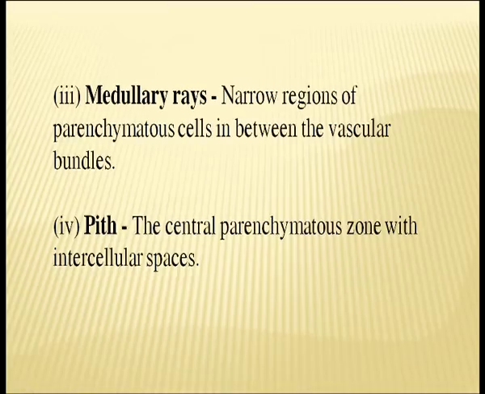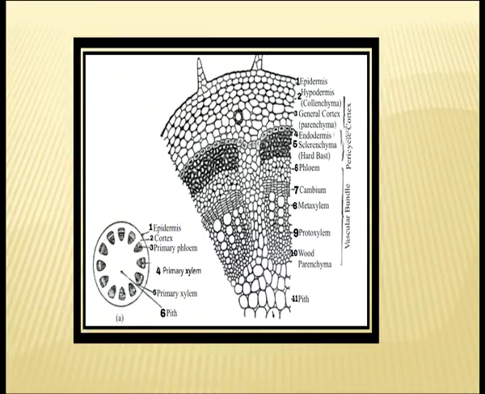Most of the dicot plants have this kind of structure. Now, we talk about medullary rays, which is the narrow margin of parenchymatous cells between the vascular bundles. If I go back to the same slide, do you see that there are two bundles, and in between there is a layer of normal cells, and that normal parenchymatous cells are separating the two bundles.